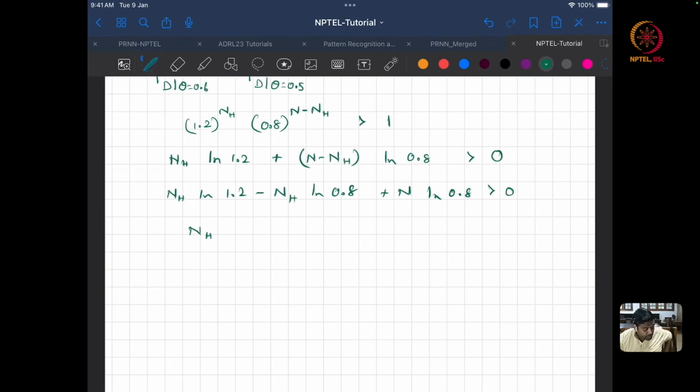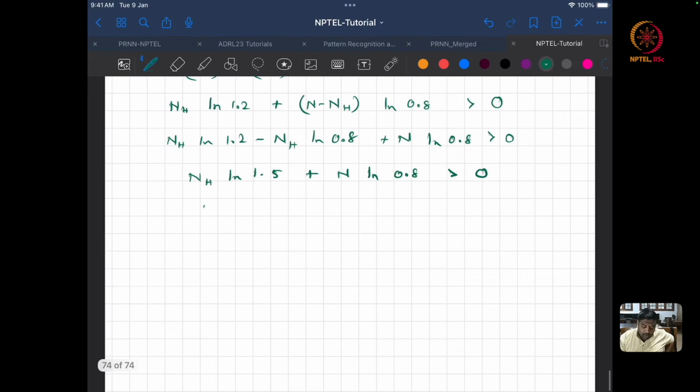That is 1.5. Okay. Now this is nh ln of 1.5 plus n ln of 0.8 greater than 0. Now this is nh greater than minus n ln of 0.8 divided by ln of 1.5. Okay.